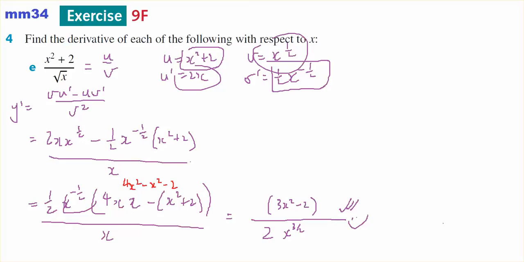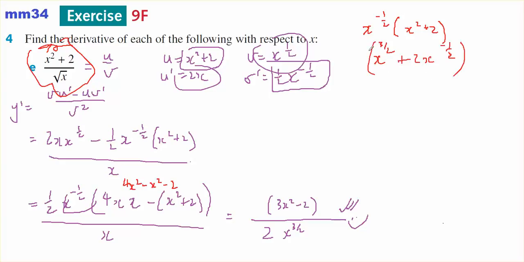What would it look like if I had used some algebra to clean this up? So I could have said that I have x to the negative a half times x squared plus 2. Multiply that out, which will give me x to the 2 minus a half, which is 3 on 2, plus 2x to the negative a half.